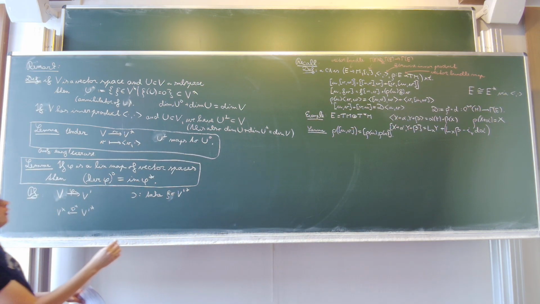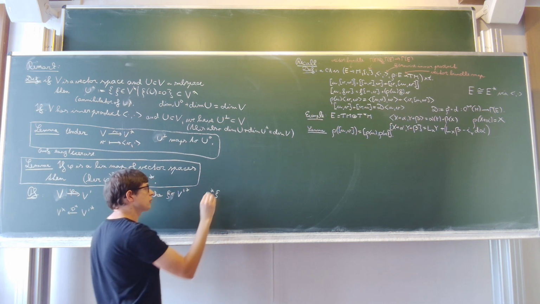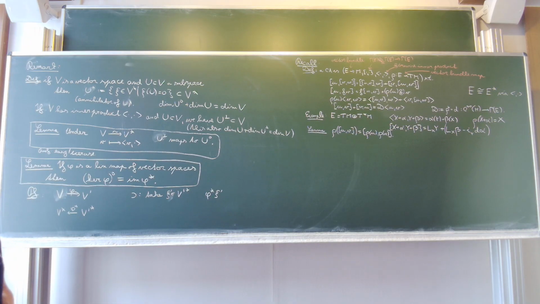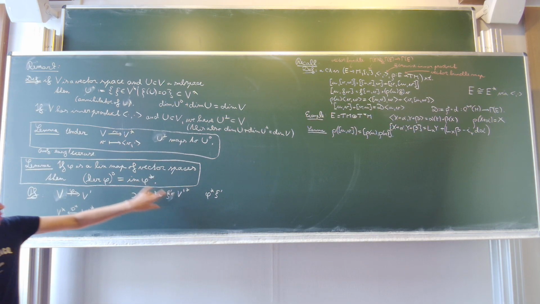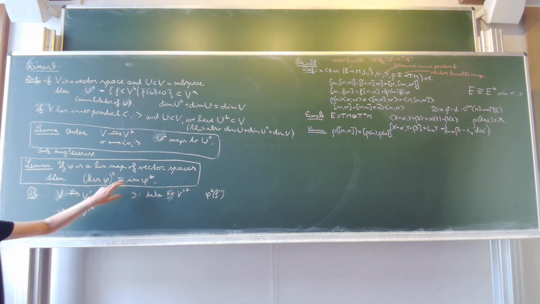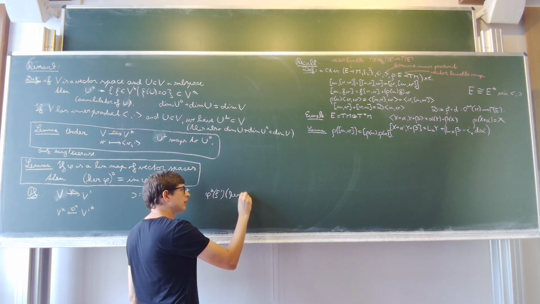If I take the dual map and hit this element, I get an element of the image, and I'm asking whether this is inside the annihilator of the kernel. What does that mean? It means that if I apply it on the kernel, I should get 0.